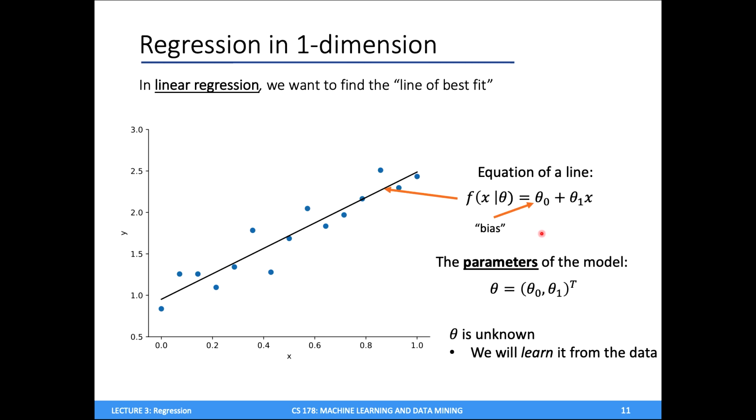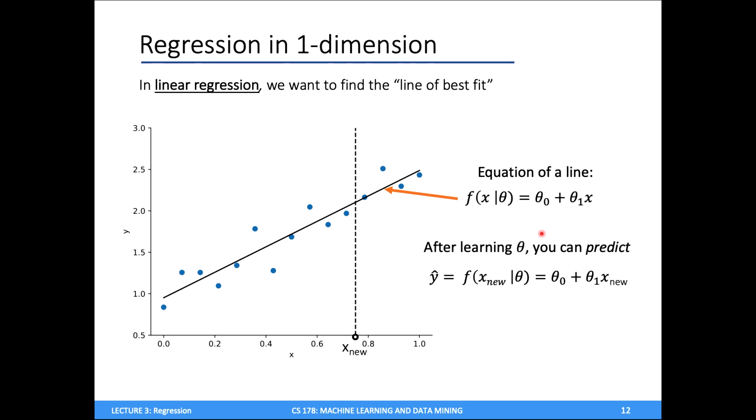I'd like to point out here that this parameter vector, theta, is actually unknown. We don't know what values of theta naught and theta 1 are going to give us the line of best fit. But what we're going to do is leverage our training data to figure out what the value of theta naught and theta 1 should be. And after learning theta, so we figure out the best slope and the best bias for this model, you can then use that value of theta to make predictions for new inputs.